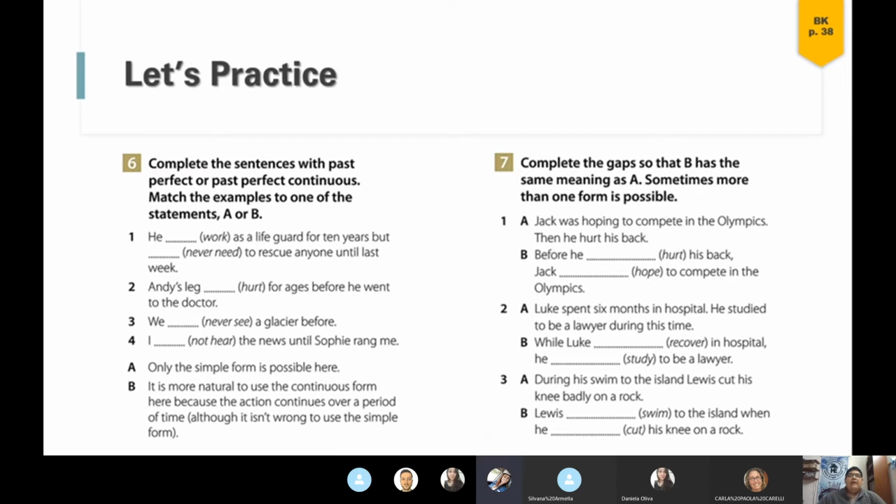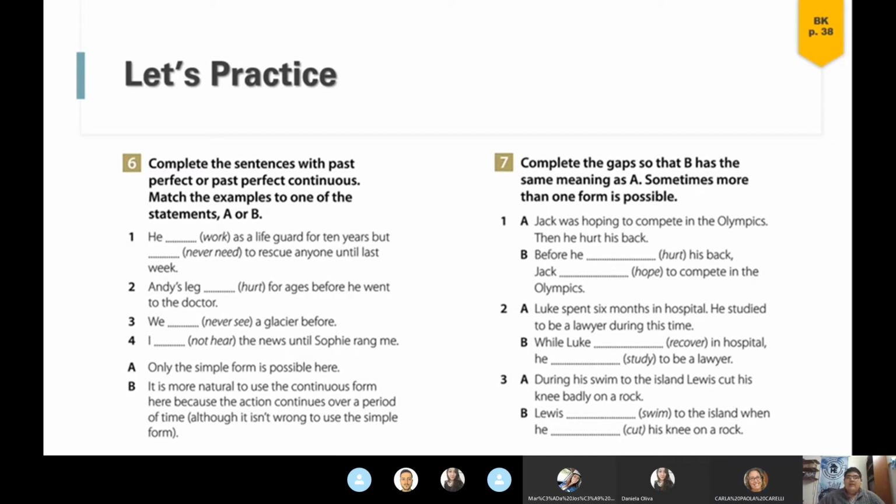Okay? Again, listen. He had been working as a lifeguard for 10 years, but he had never needed. Again, you need the had. He had never needed.